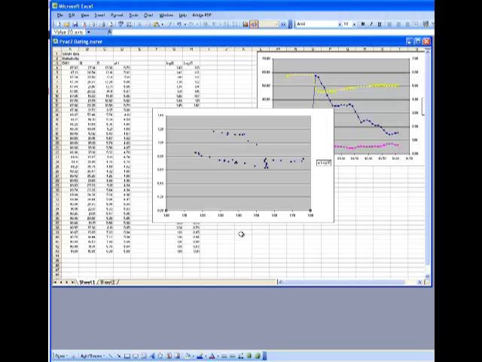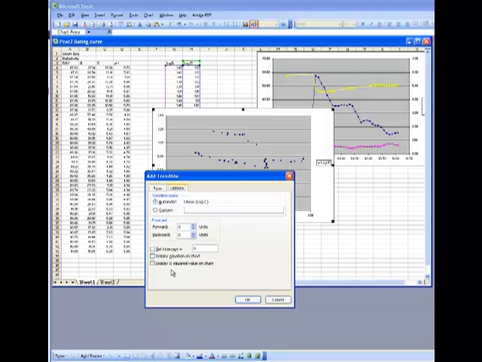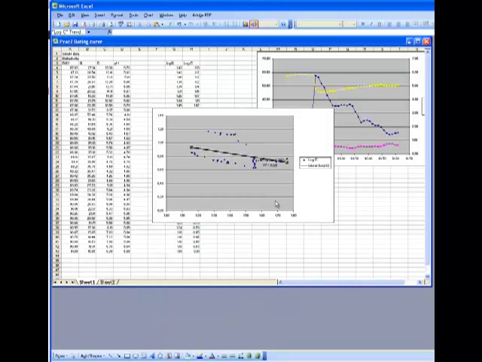Let's get that. It's better use of the graph. And then we want to add a trend line. Again, show the equation and the R squared. We can see whether we've improved the R squared.